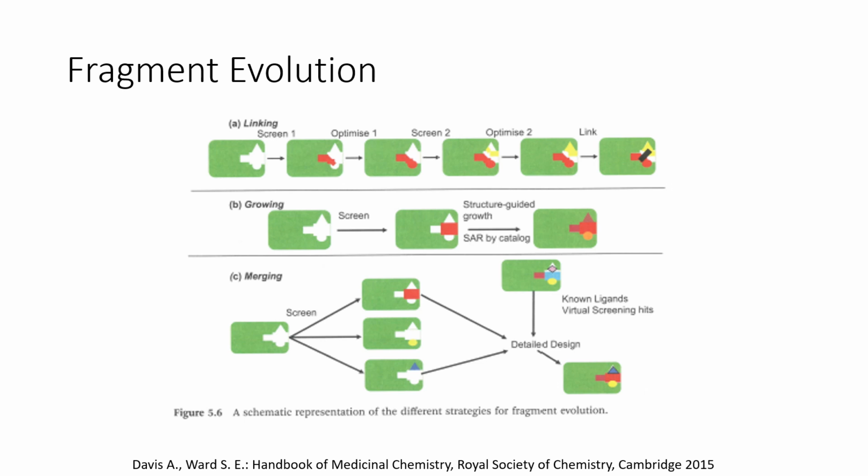It can be either linking of the fragment with another active fragment through a linker, or the second approach is growing of the fragment, which means that we can somehow fill in the empty space in the cavity in the active site of the target, or we can merge different fragments together that can be fitted into the active site of the target.